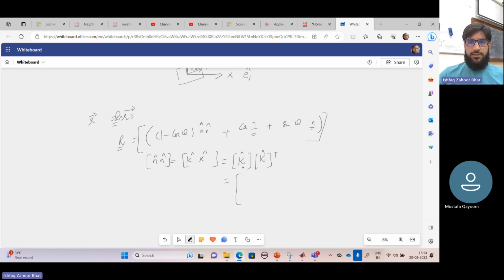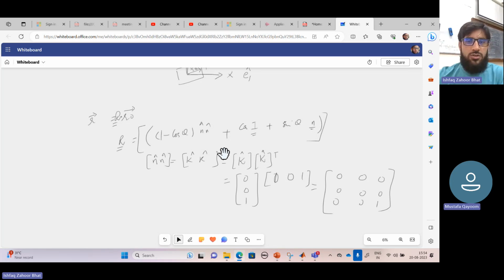So we can write it as 0, 0, 1 times 0, 0, 1. If we open this up, it is equal to all zeros, and here it is 1.